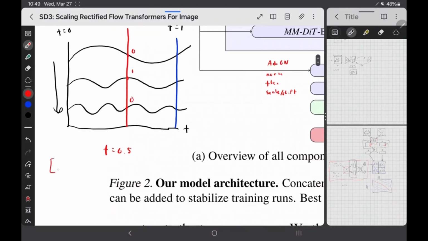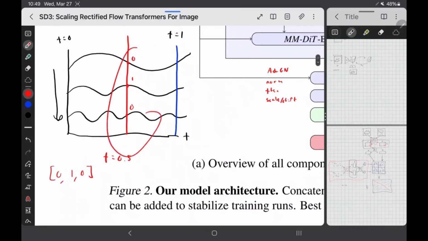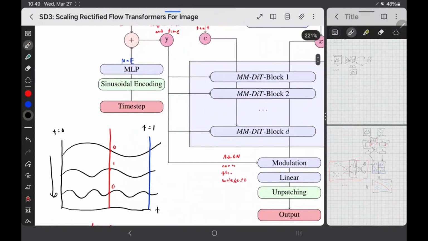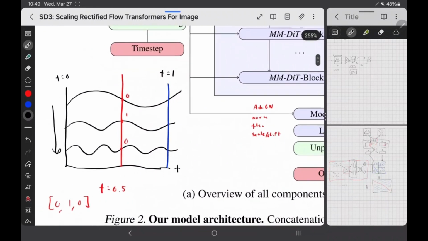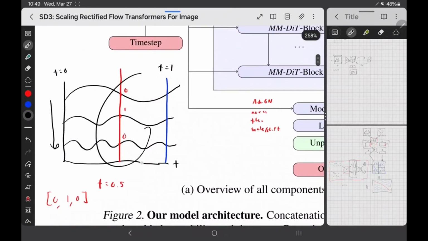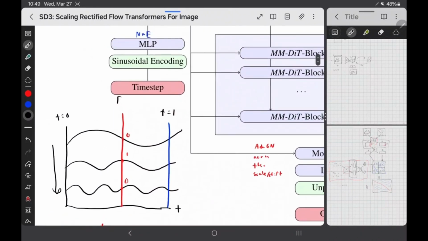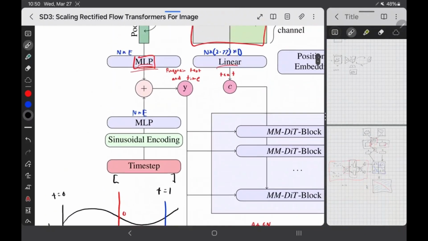And that'll give us a vector of size 3 with the value 0, 1, 0, uniquely representing this time step here. And this is kind of a simplification a little bit. And what we can do is we can inject this into the model, and this gives us a vector which uniquely represents the time step.